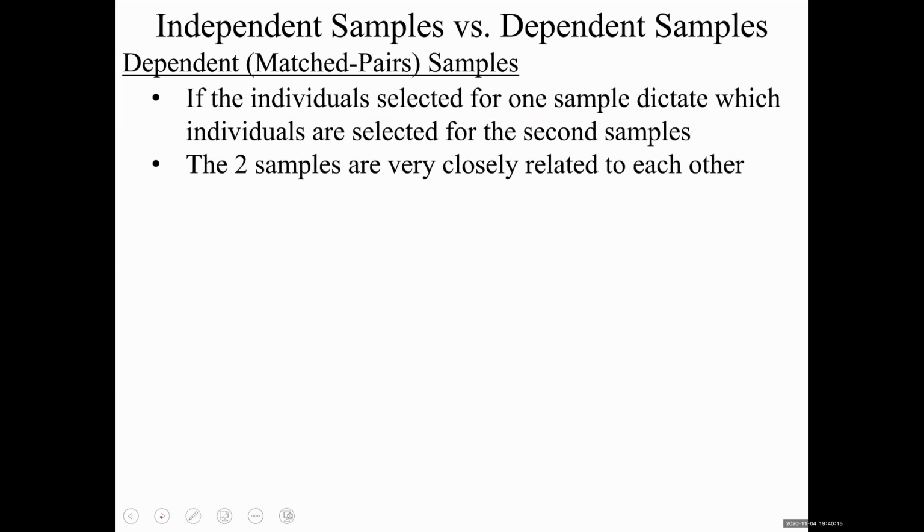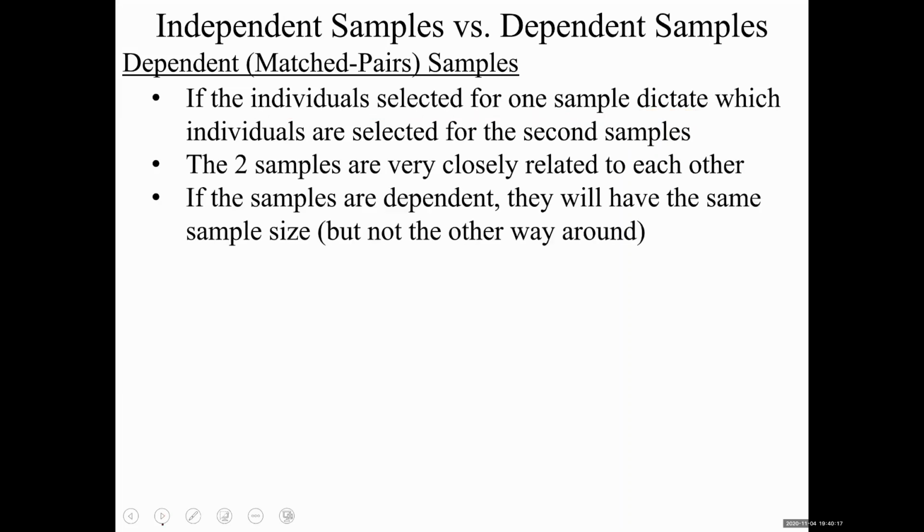If the samples are very closely related to each other, they're dependent samples. And here it says if they are dependent samples, the sample sizes will be the same, but not the other way around. So if the sample sizes are the same, we don't know. But if you know they're dependent, then the sample sizes must be the same. They're paired together, the two samples.